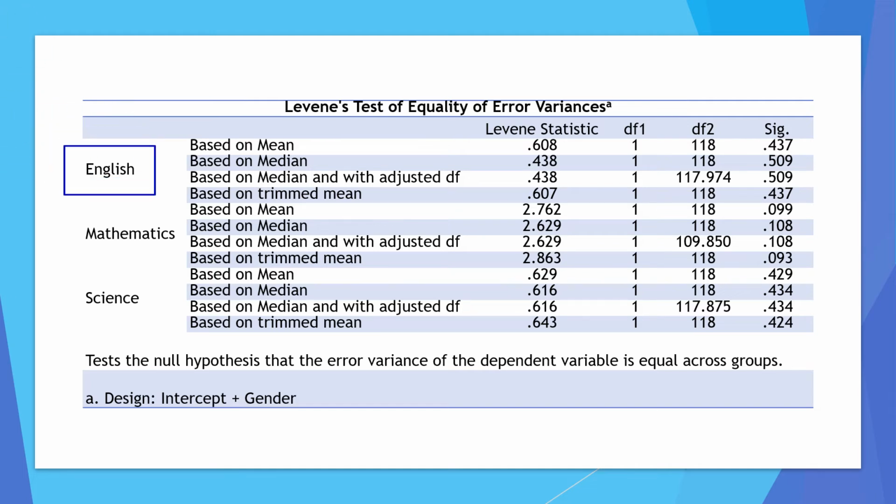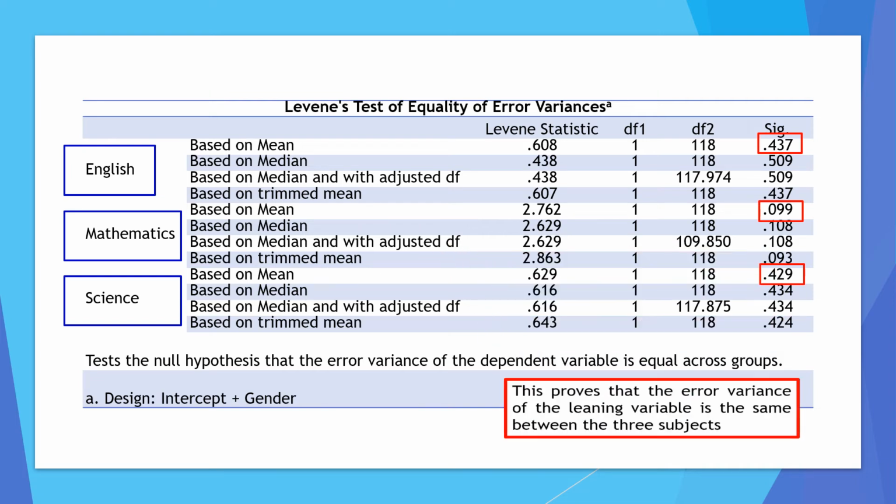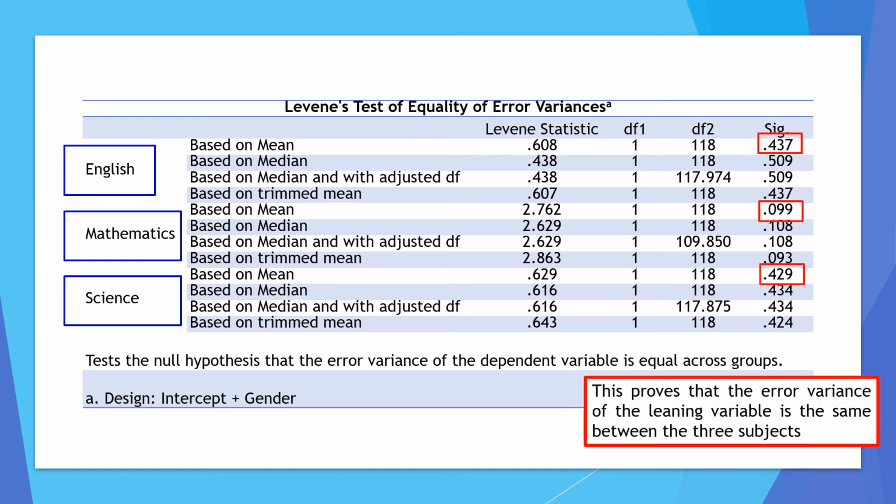Based on the table, the based-on-mean significant values of the English score 0.437, the mathematics score 0.099, and the science score 0.429 exceeded 0.05. This proves that the error variance of the dependent variable is the same between the groups.